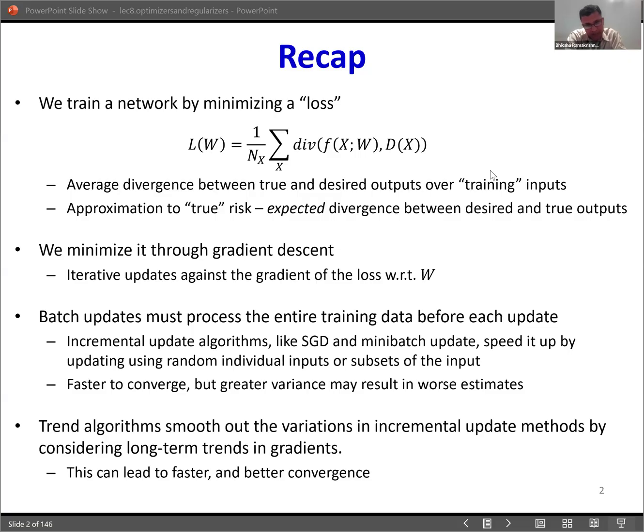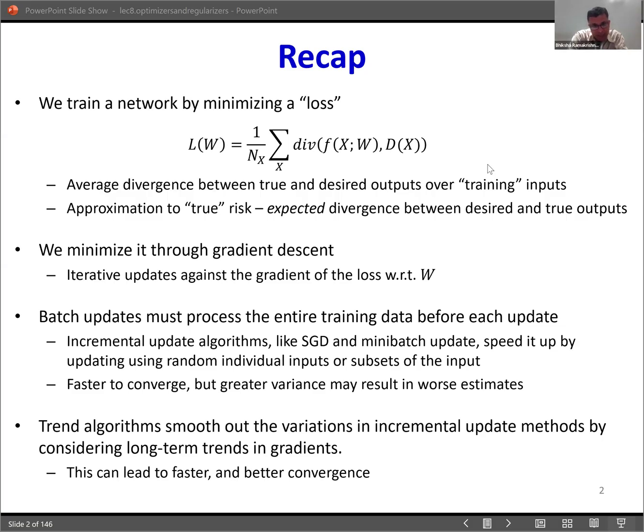It's an approximation, right? And we minimize the loss through gradient descent, which are iterative updates against the gradient of the loss with respect to network parameters. When we perform batch updates, which is the actual update rule for the loss, we have to process the entire training data before each update. So instead, we perform incremental updates like stochastic gradient descent or mini batch update.